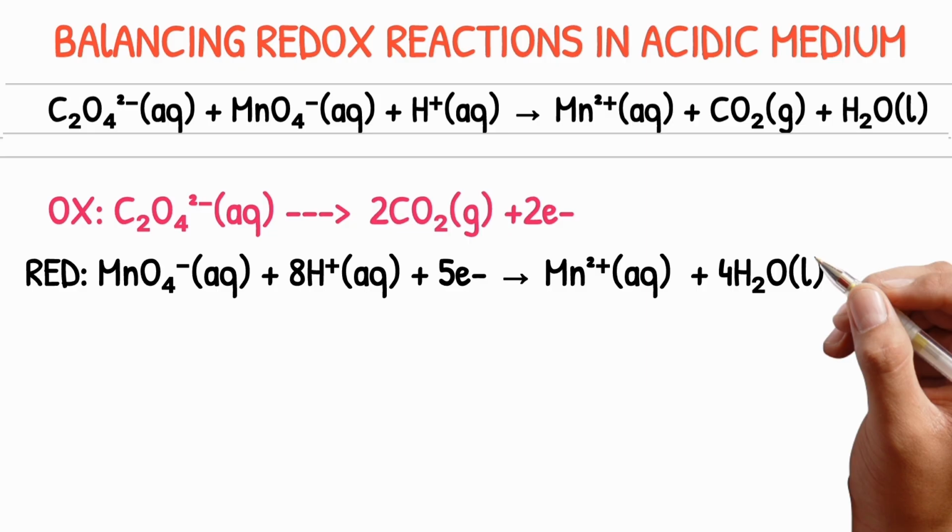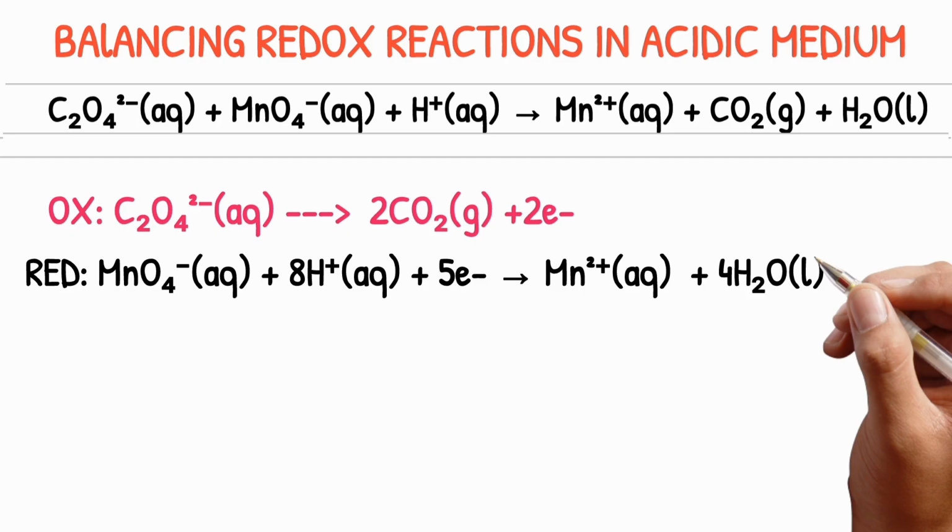So we need to make sure that the number of electrons given off during oxidation should exactly be equal to the number of electrons gained in reduction. How do we do that?